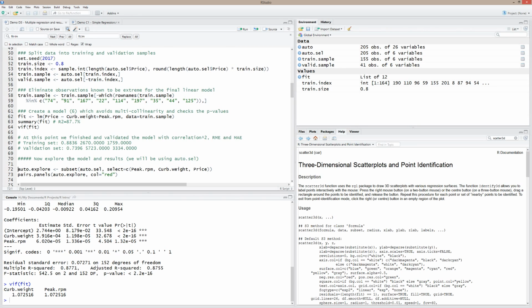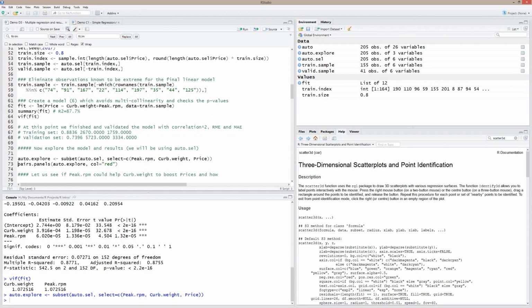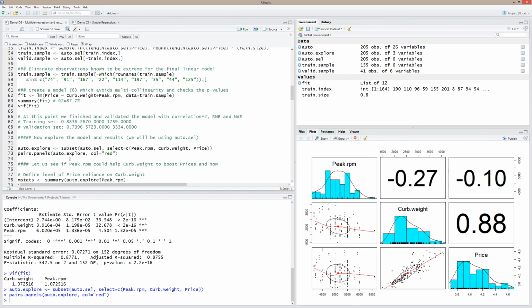Let's get a subset of the data for exploration, and we can see the first visualization that you're familiar with. It's a correlation plot which shows the relationship between the price, curb weight, and peak RPM. Now we can do better than this and visualize more information about those variables against the fit, and therefore have better understanding of errors around the linear model.